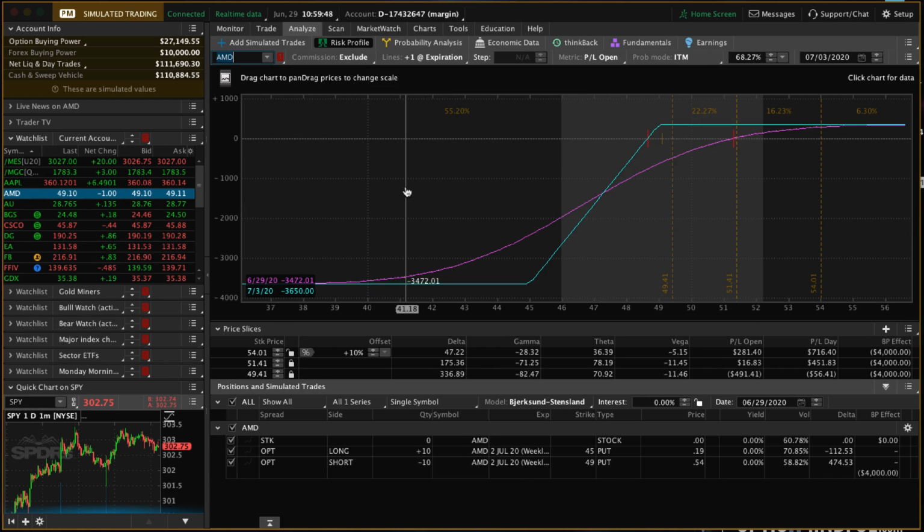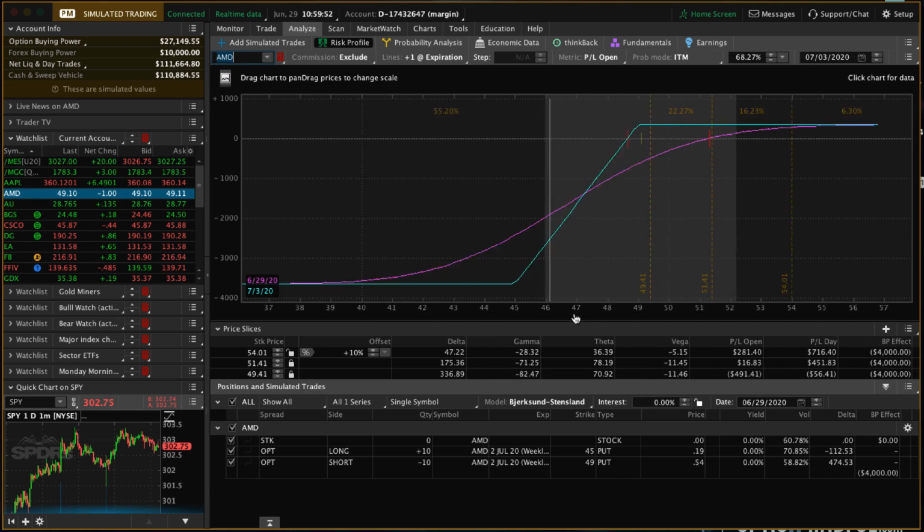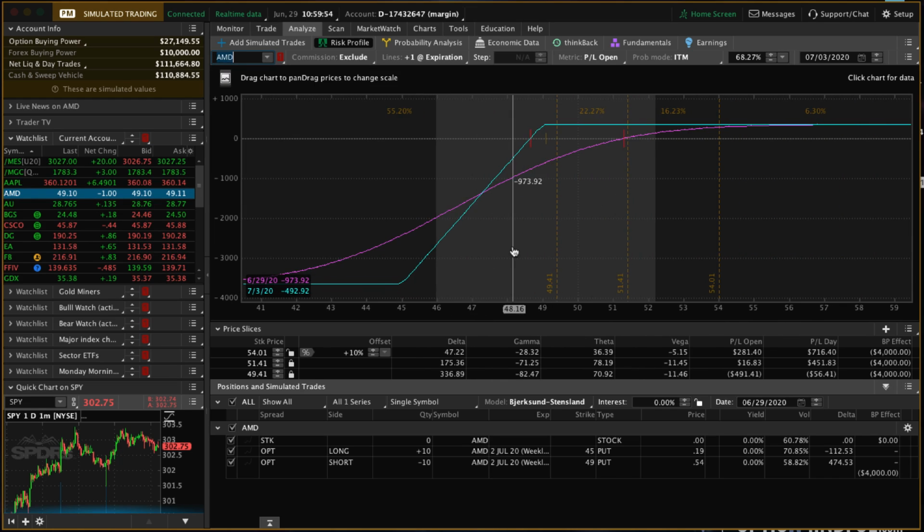AMD is actually looking pretty bad right now. I was looking at it just a couple minutes ago before I started recording this. What should I do with this position? It's a short put spread and it's just about to reach the point of being in the money.